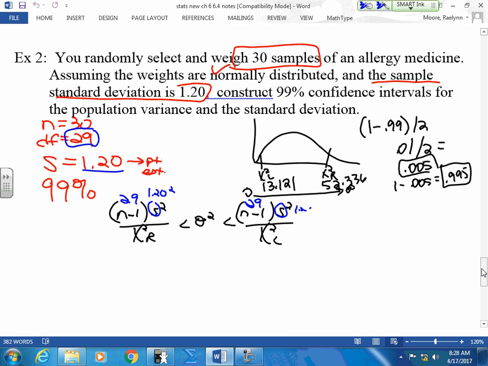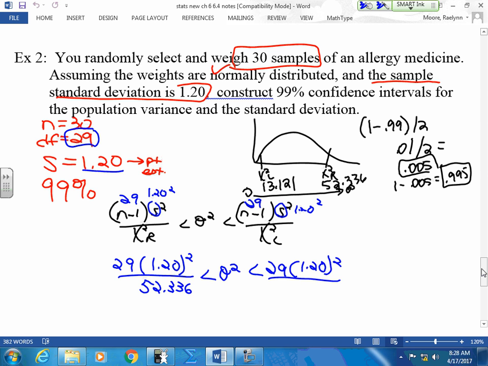So we're going to say 29 times 1.20 squared over my R guy. My R is my bigger number. Remember, we want to divide first by the larger number to keep this inequality correct. Then we're going to say 29 times 1.20 squared over my smaller number. This will give me a larger answer.